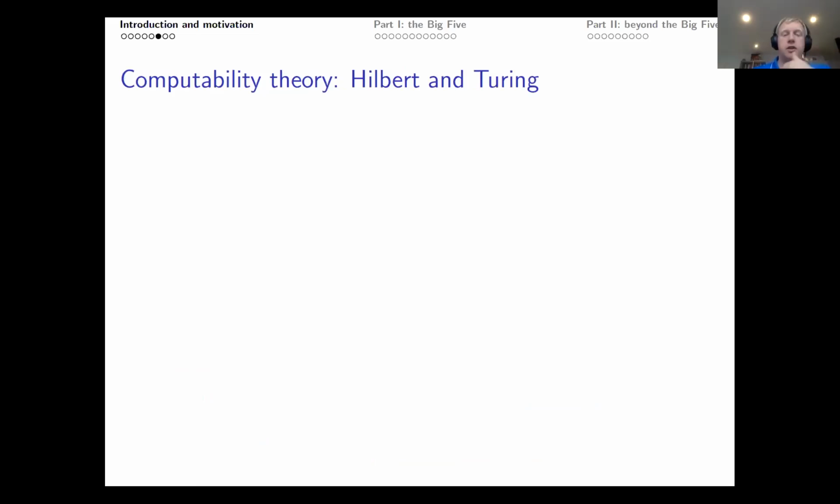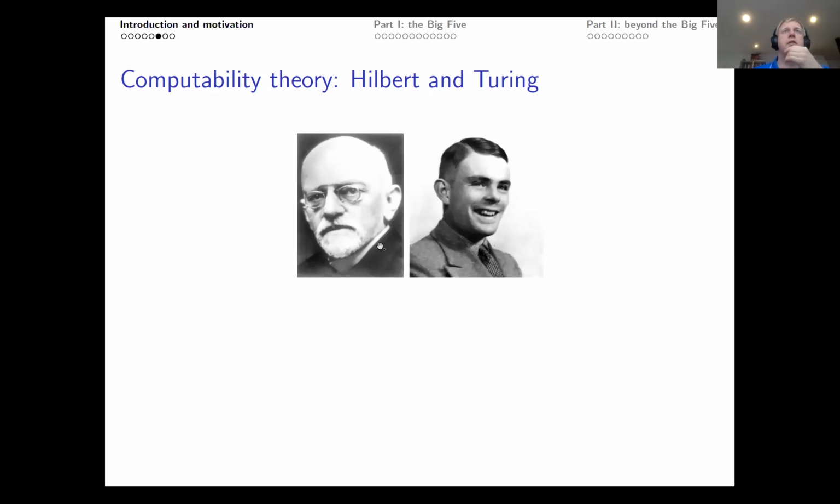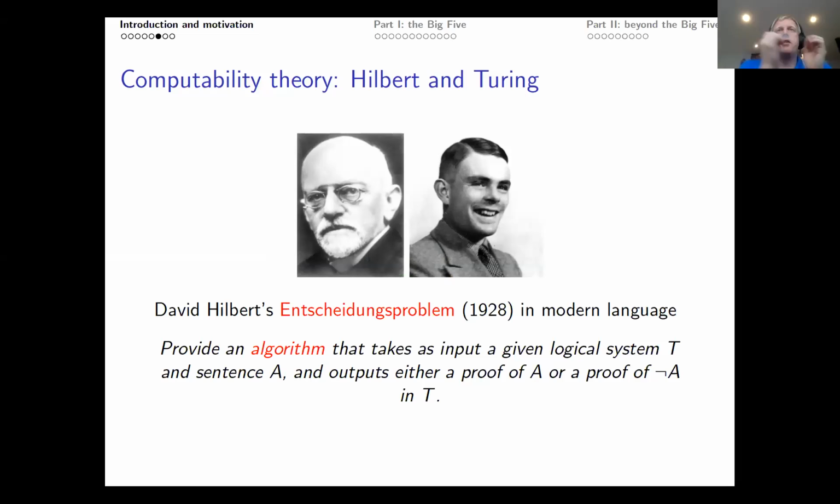So I should say a few words about computability theory. As with many things in mathematics, this goes back to Hilbert. So here we have David Hilbert, and here is Alan Turing. In 1928, almost 100 years ago, Hilbert formulated the Entscheidungsproblem.